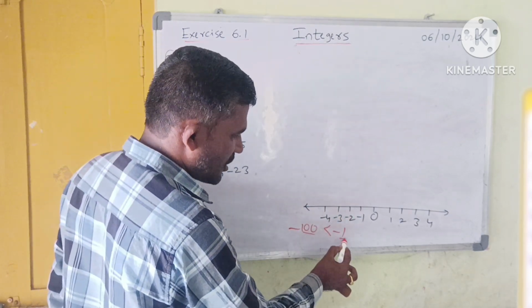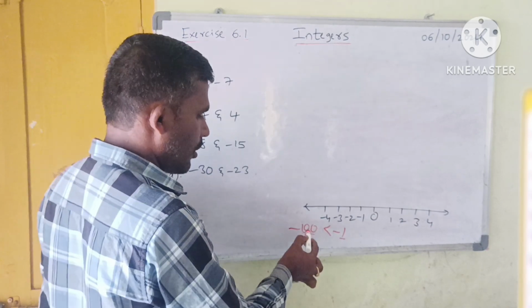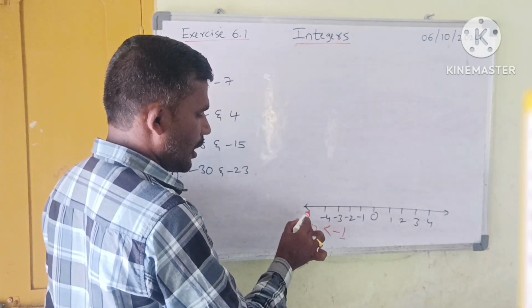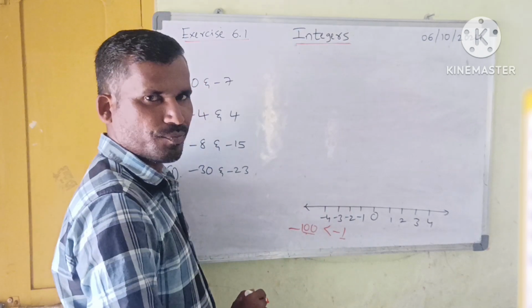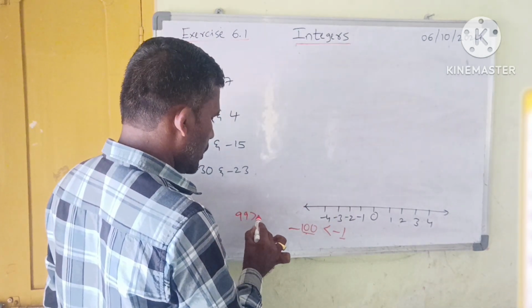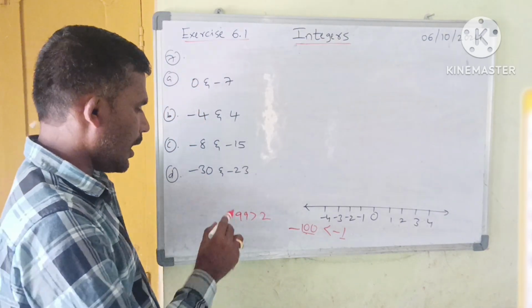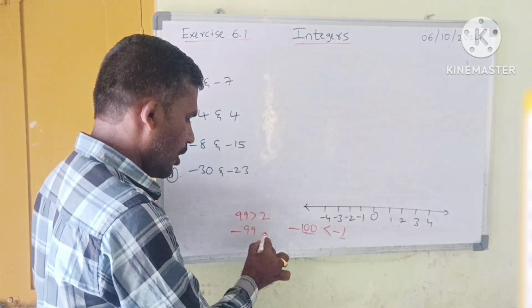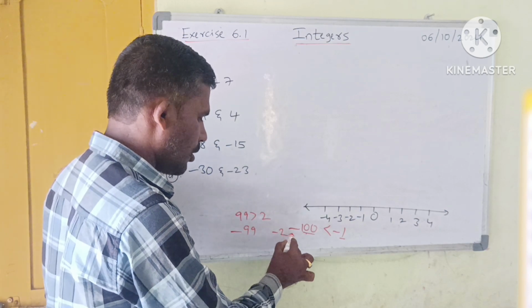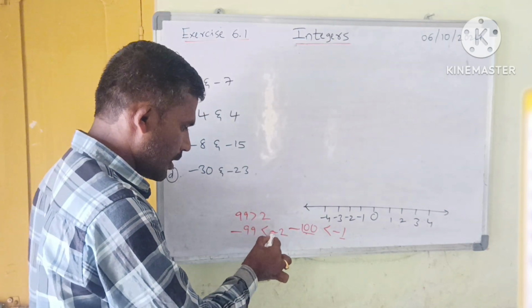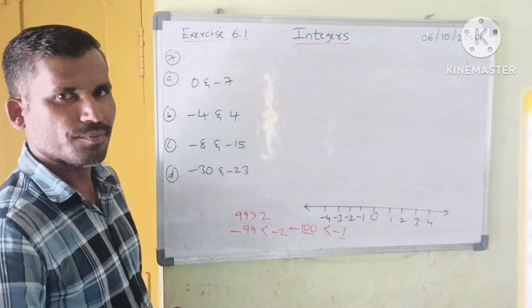Whenever the value is increasing, if you have negative, then definitely it is less than the other number. For example, 99 is greater than 2. Coming to the negative sign, I am taking minus 99 and minus 2. Minus 99 is definitely less than minus 2 only.